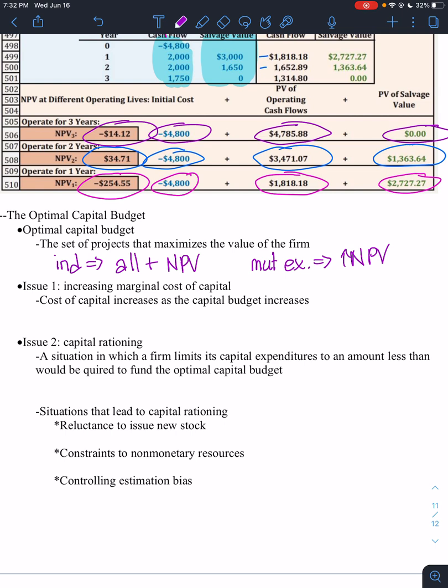The marginal tax rate versus the average. Well, in this case it's kind of the same thing: as we increase our capital budget, that last capital we raise could become more expensive, which makes it more expensive for the entire firm, right? It's not like we can isolate that last dollar of capital that's more expensive. The firm has to bear it.